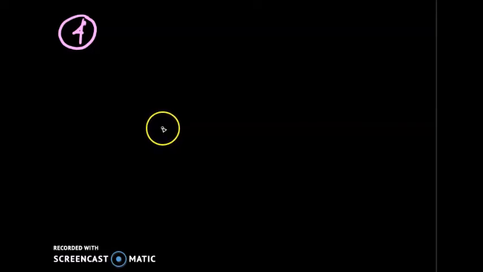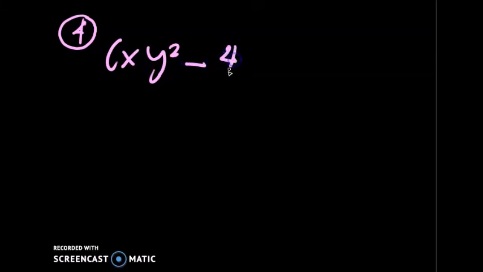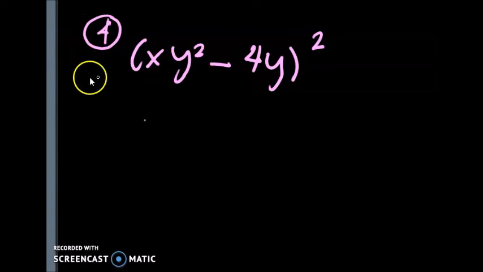Now let's have our difficult round. We have this problem, (xy² − 4y)². So this is for me a difficult problem. So what will be our solution here? Again, we have 4 steps.